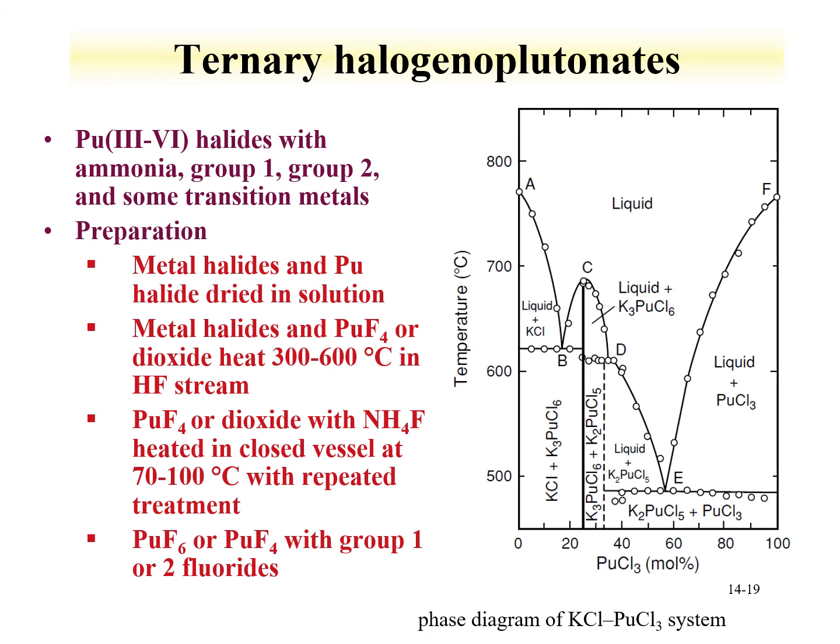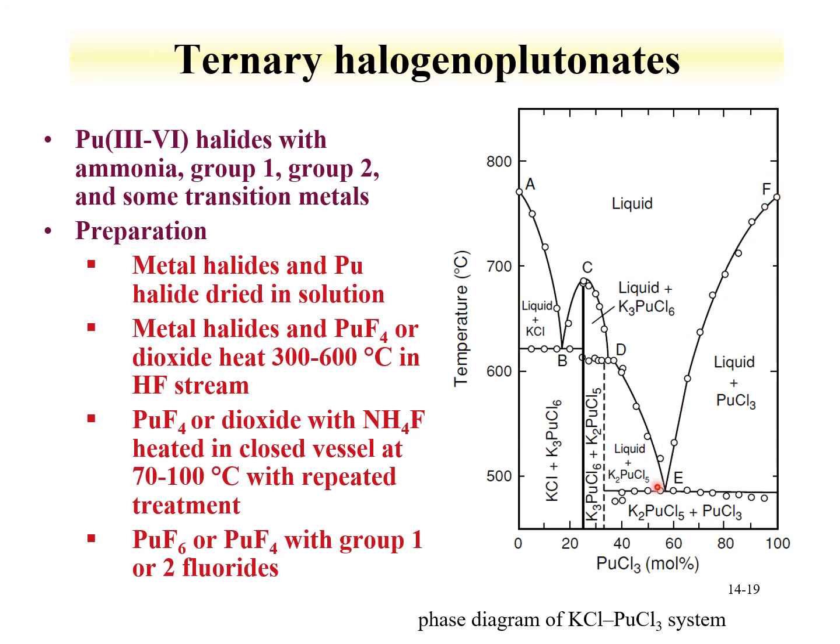Mixed plutonium halide salts have been examined. Here's an example of the phase diagram for the potassium chloride, plutonium chloride system. One of the interesting properties is that we have a eutectic formation. Here is the melting point of the potassium chloride. Here's the melting point of the plutonium chloride.